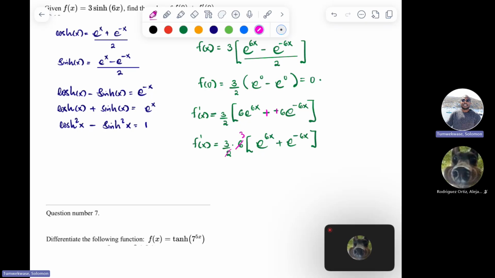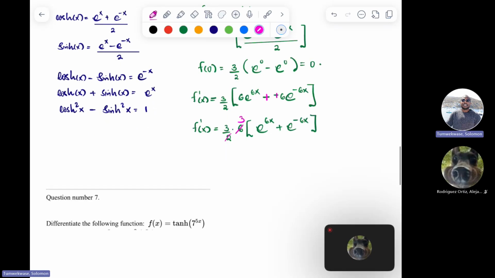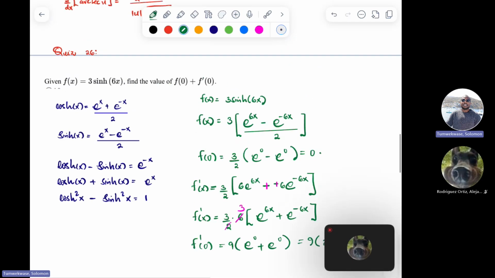This can reduce by 3. So finally, f prime of 0 is 9 times (e to the 0 plus e to the 0), and this is 9 times 2, which is 18.